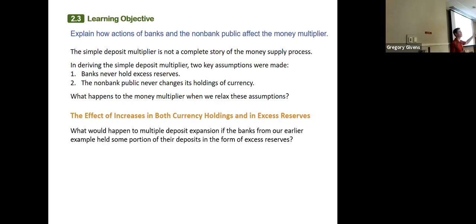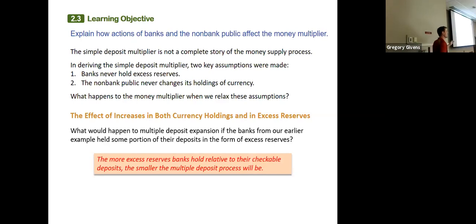How many additional loans and deposits would be created after that point? None, right? In fact, this multiple deposit expansion process would stop immediately. If the first bank didn't make a loan that ultimately gets deposited into a second bank, which then another loan is made and gets deposited into a third bank, the whole process of deposit creation stops, okay?